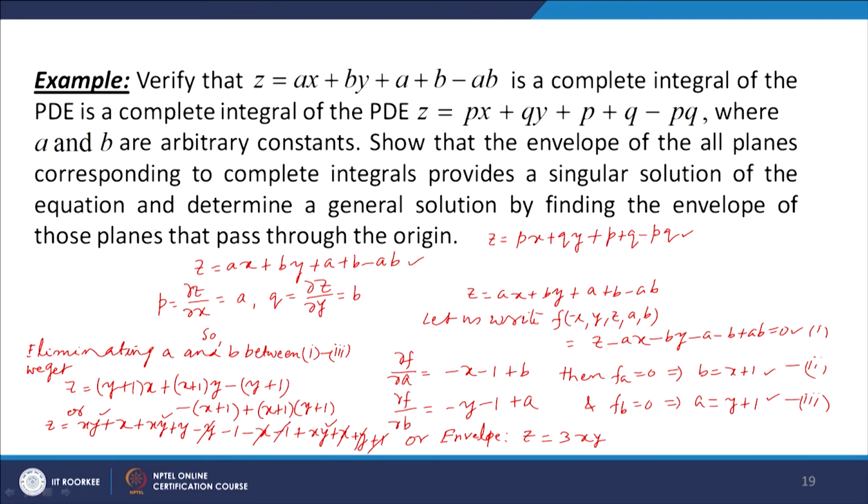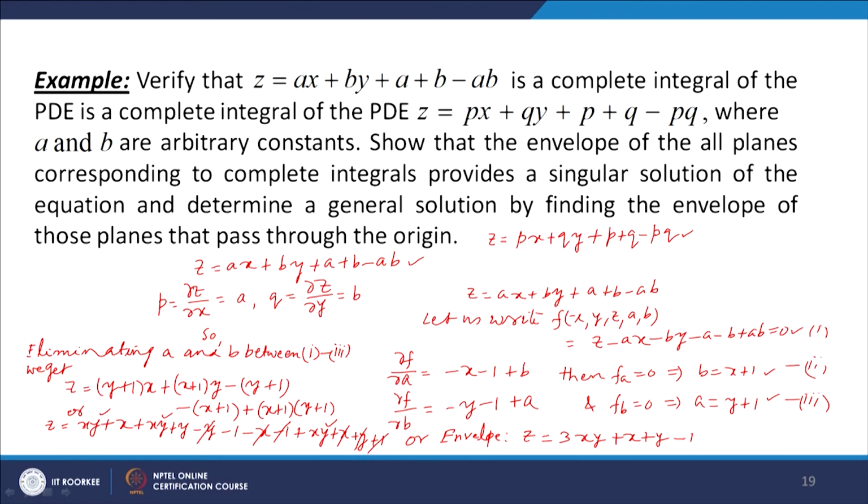Okay. So, we have 2 xy and then x plus y, and we have minus 1. Okay. So, this is the envelope of all the planes corresponding to the complete integral. This is the singular solution of the equation.